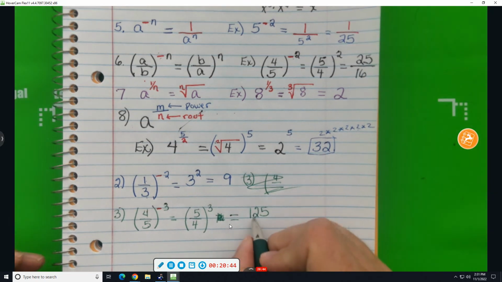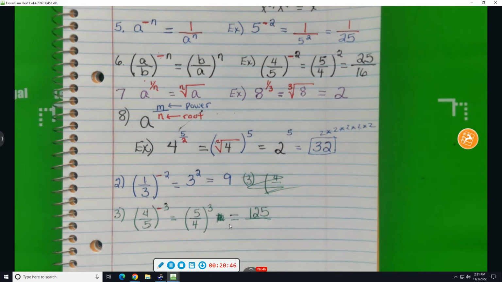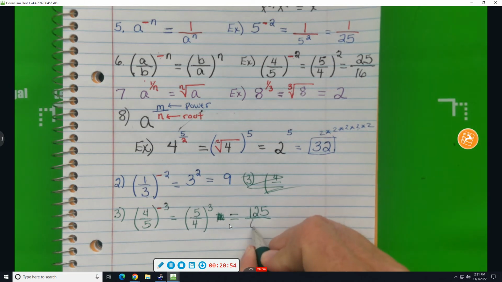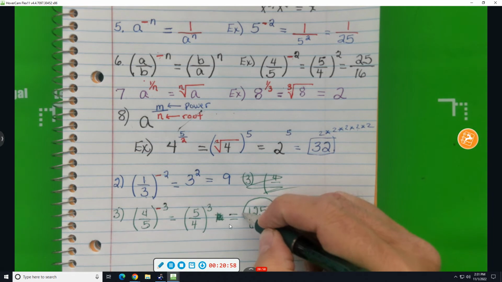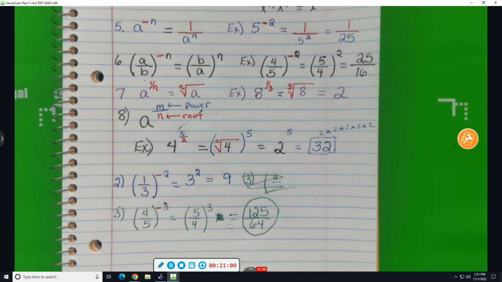All over, don't say 12, 4 times 4 times 4. 4 times 4 is 16, times one more 4, 64. And you might want to punch that into a calculator if you doubt my arithmetic.